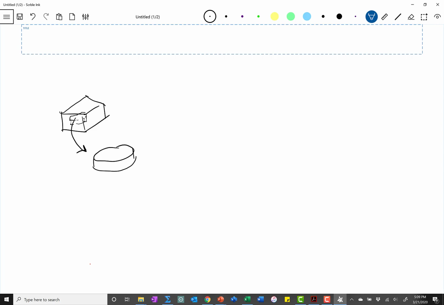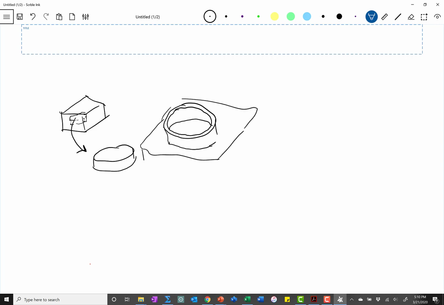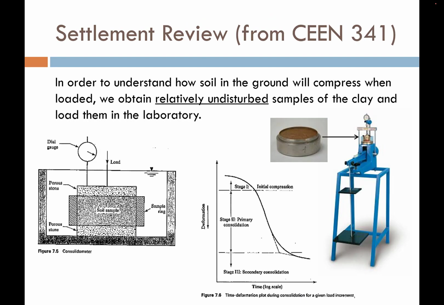What I do is use a steel ring, if we're using a one-dimensional consolidometer, and that steel ring has a little sharp cutting edge on the inside. I'm going to take that ring and push it down on top of my soil block, until soil fills the ring. And then once I have soil in the ring, I can load it into a consolidation test.